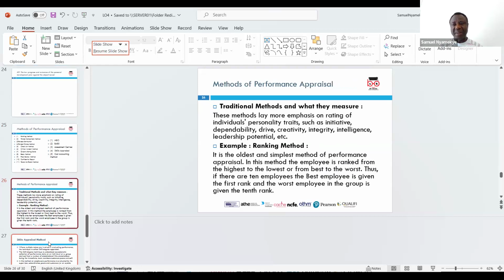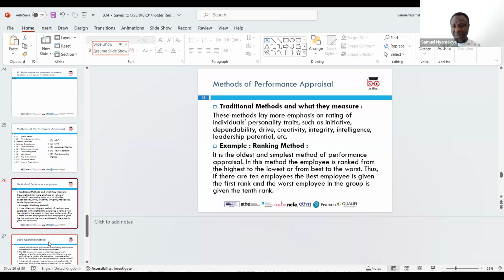We are saying that some of the methods, like we've said, are very traditional, and these are used to emphasize and rate individuals on their traits, the kind of personalities that they have, whether they are dependable, how driven they are, are they creative, their integrity, intelligence, leadership potential, and all that.